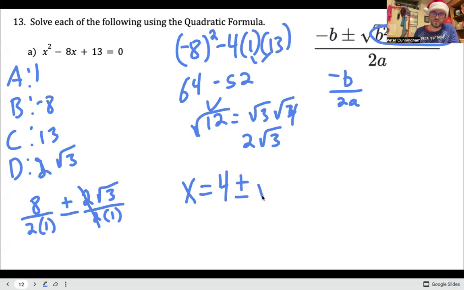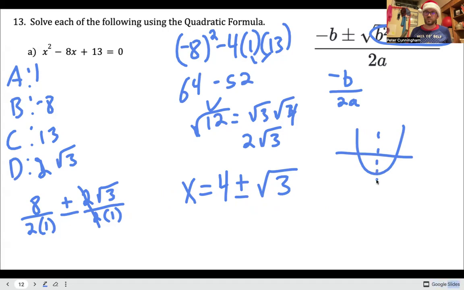That's just root 3. The middle of my parabola is 4. One of my answers is plus root 3 to the right. One of them is minus root 3 to the left of that.